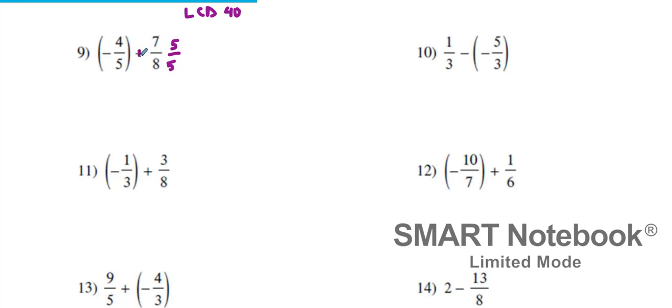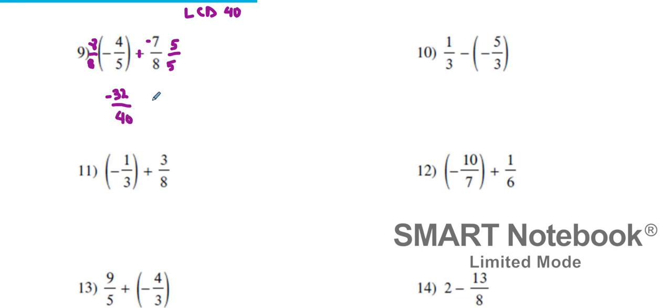I'll change this plus to a minus also. And then over here, I'm going to have to multiply by 8 over 8. So I'm multiplying by 1, which doesn't change anything. And so I'm going to have a negative 32. If I end up multiplying wrong, let me know tomorrow, or I guess it'll be Monday.